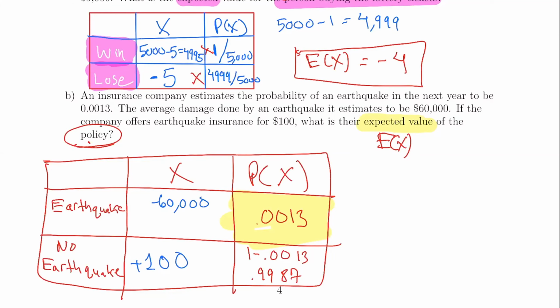So you have to do the net loss. The net loss will be 100 minus the $60,000. That will give you a negative 59,900. So this is the value that you want to use. Any question in regards to that last part?